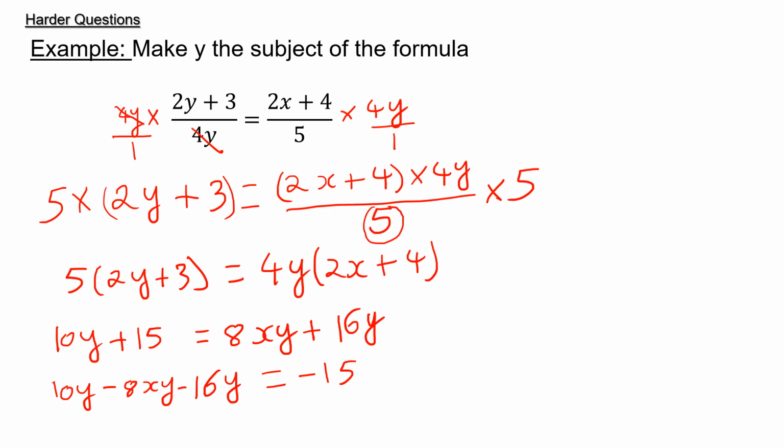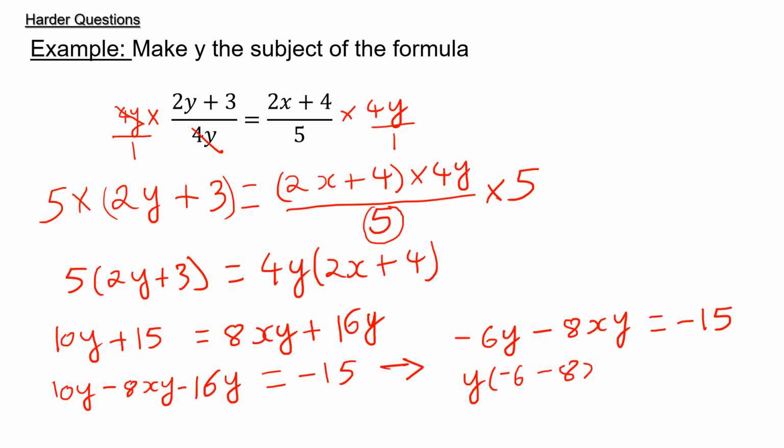10y take away 16y is minus 6y. So I have minus 6y, take away 8xy equals minus 15. I could take out a factor of y, which would give me minus y bracket minus 6, take away 8x, and that equals minus 15.